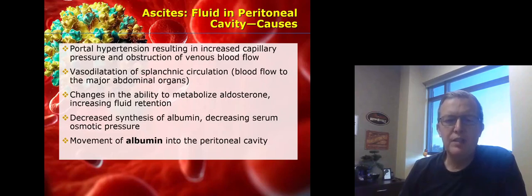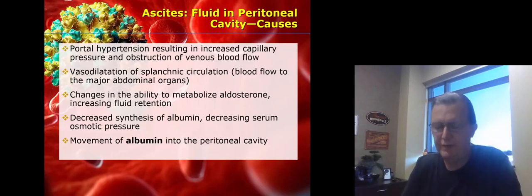So this changes the ability to metabolize aldosterone in addition. So it's another side effect of this process. And that alteration in production is going to result in an increase in fluid retention. So we have a self-feeding problem.